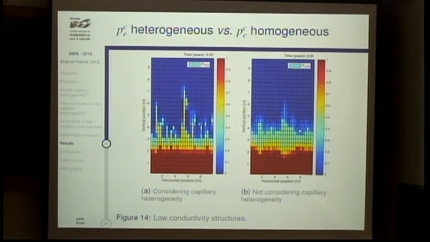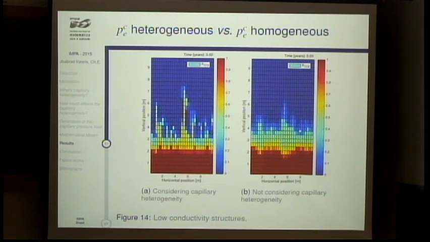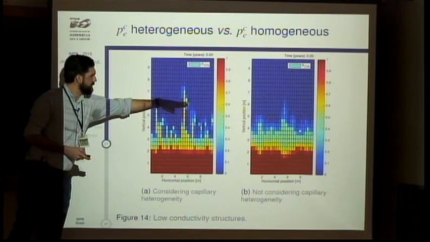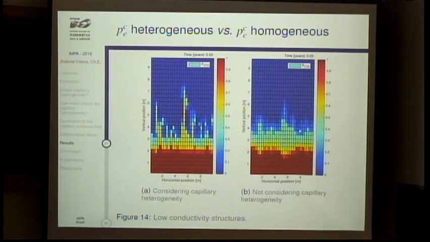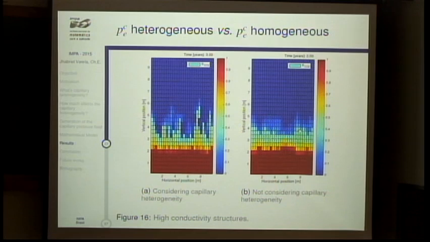But as we can see, the low conductivity structures allow the CO2 flow to pass through a certain cut more easily than the intermediate conductivity structures. And the high conductivity structures are almost the same as the intermediate. We don't see a huge difference between considering the capillary heterogeneity and not considering it.